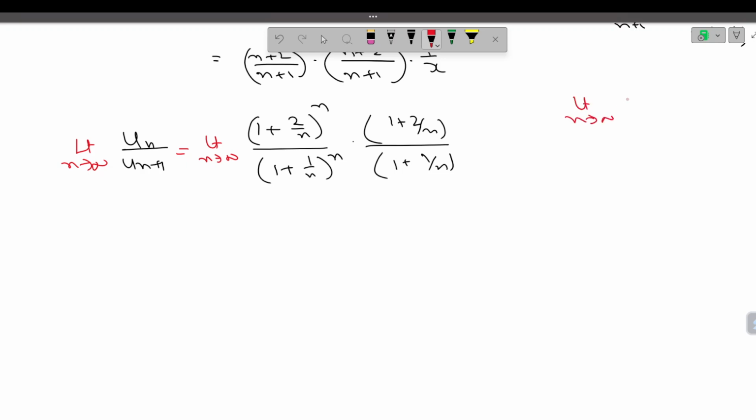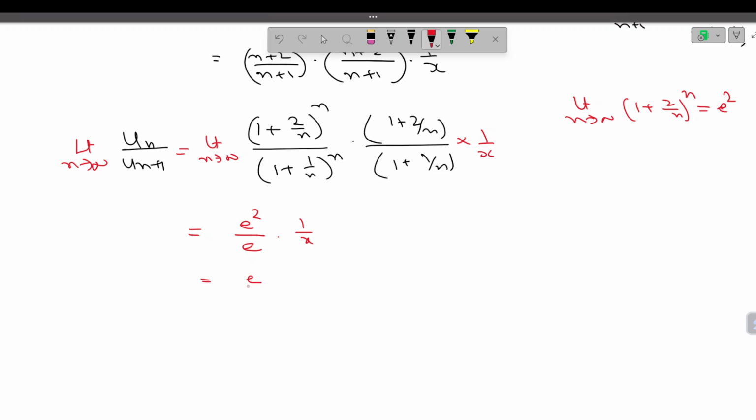Limit n tends to infinity, 1 plus 2 by n whole to the power of n is e square. Remember the standard property. We are forgetting 1 by x. So this will be e square by e, and as n tends to infinity, 1 by n tends to 0, so 1 plus 0 is 1, into 1 by x.